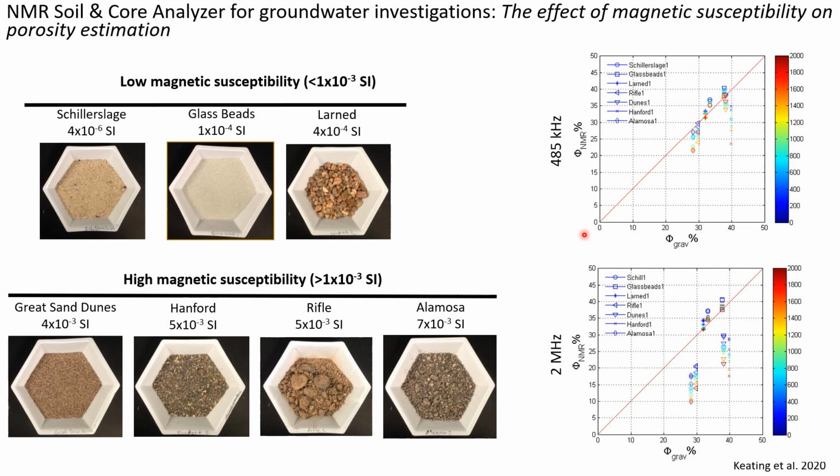And also, it's very important to use as short an echo spacing as possible. So the takeaway from this study was that the borehole NMR tools that use low NMR frequencies can be used to more accurately estimate porosity in formations that have high magnetic susceptibility.